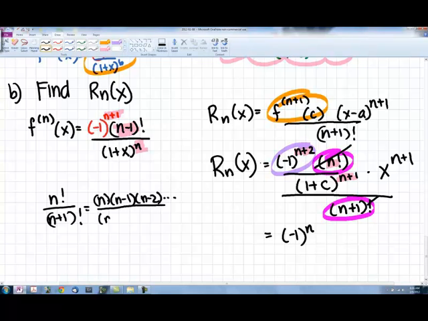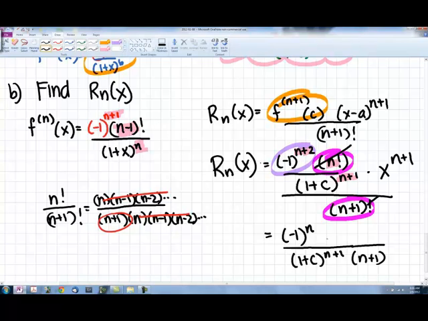N plus 1 factorial means you start at n plus 1, then times it by n, then n minus 1, n minus 2, and so on. Everything will cancel out from the top and bottom except for n plus 1. So I leave myself with an n plus 1 down there on the bottom. And I also have 1 plus c to the n plus 1 power. And then in my numerator, I have x to the n plus 1. So this is my general form of the Lagrange form of the remainder for this function.